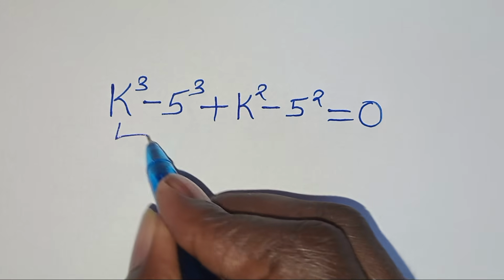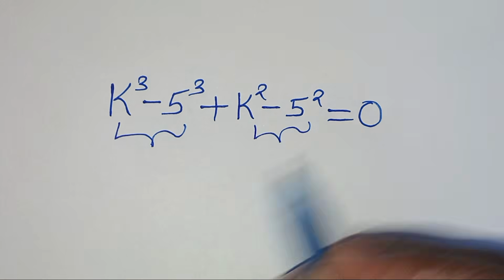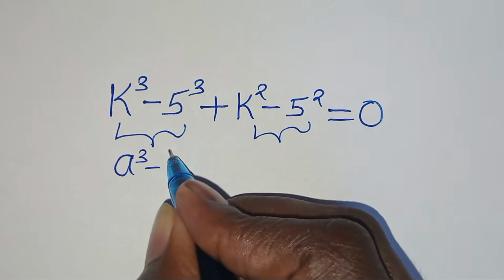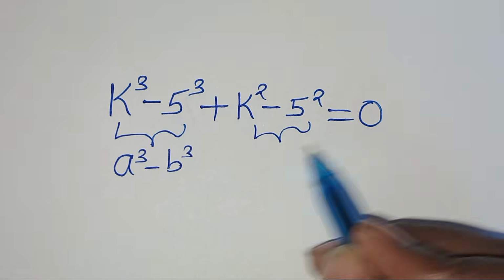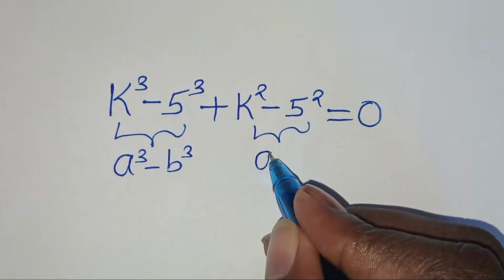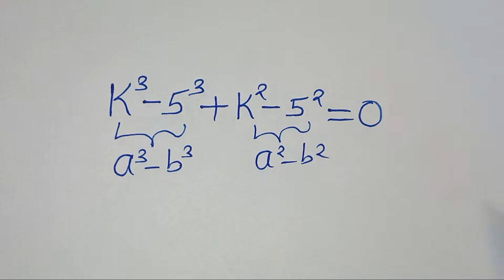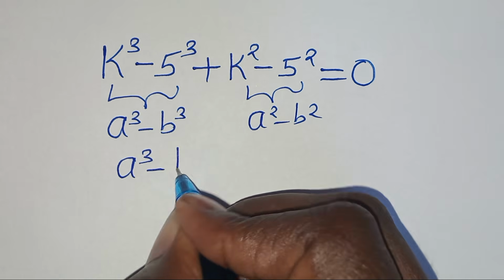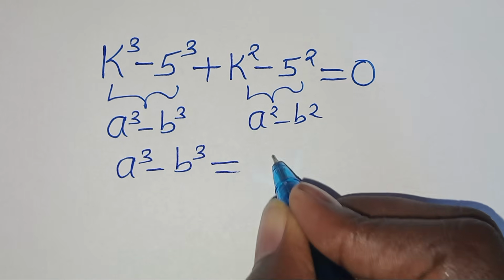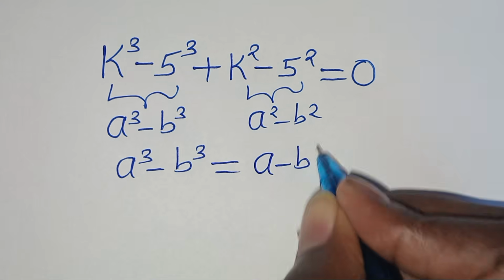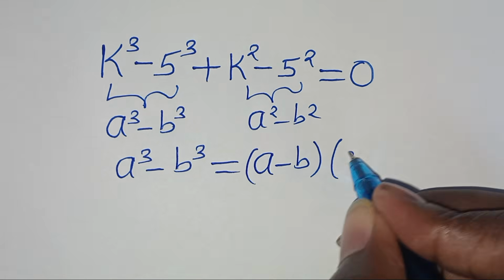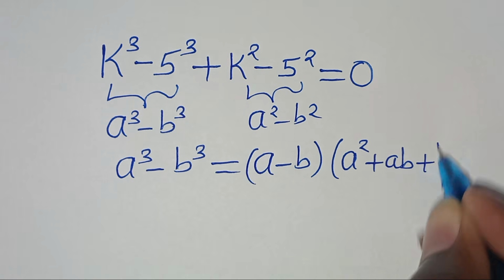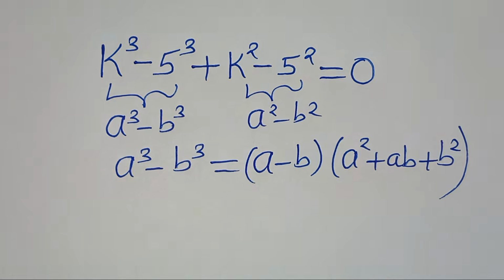Now we have got two parts here. The first part is the difference of two cubes expressed as a to the power of 3 minus b to the power of 3. The second part here is the difference of two perfect squares. Now a to the power of 3 minus b to the power of 3 is the same thing as a subtract b multiplied by a to the power of 2 plus a times b plus b to the power of 2.